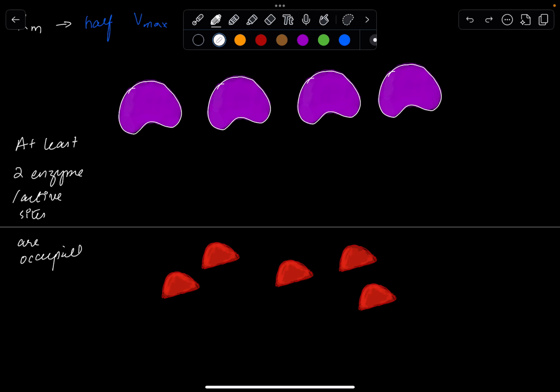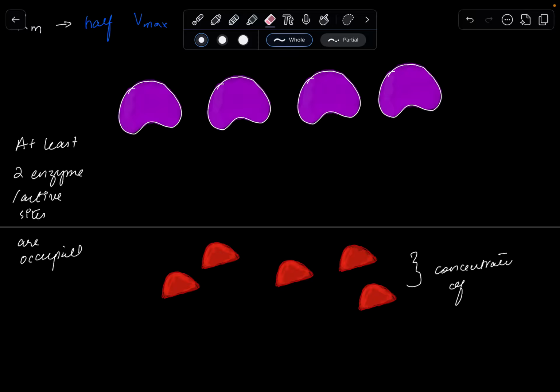What matters is what concentration of substrate, right? What concentration of substrate achieves this? That's what we're looking for.